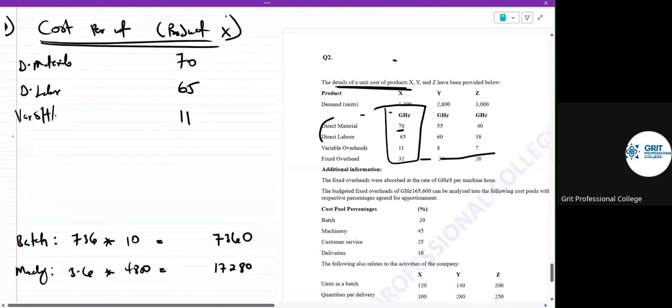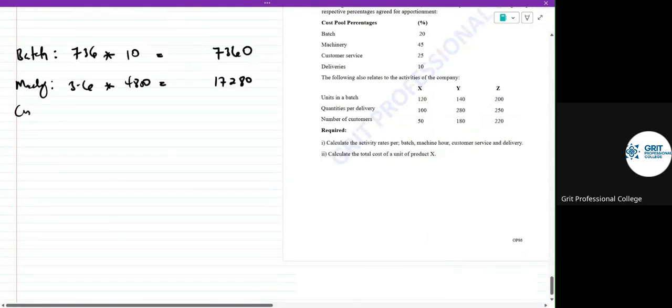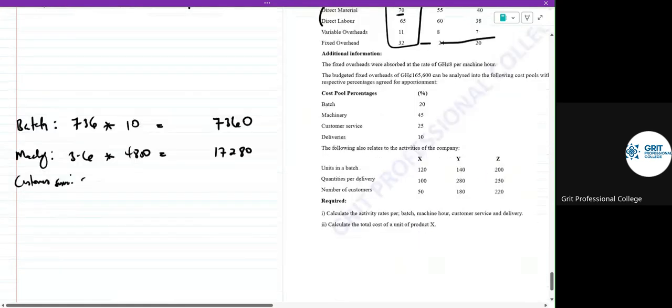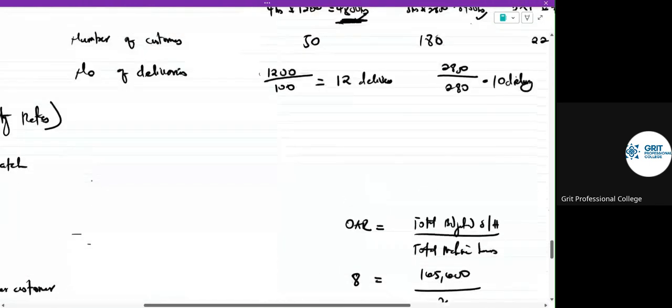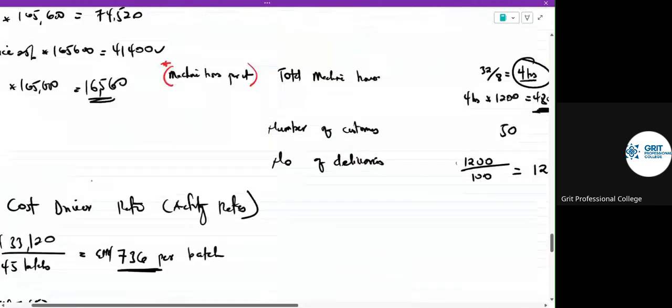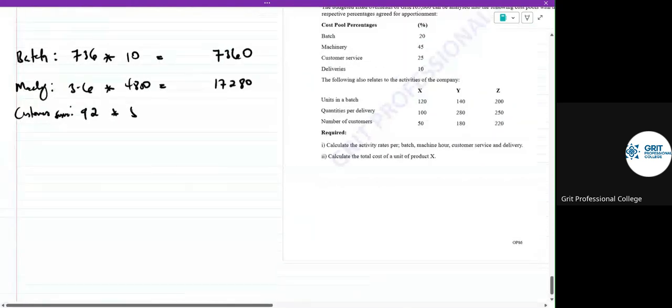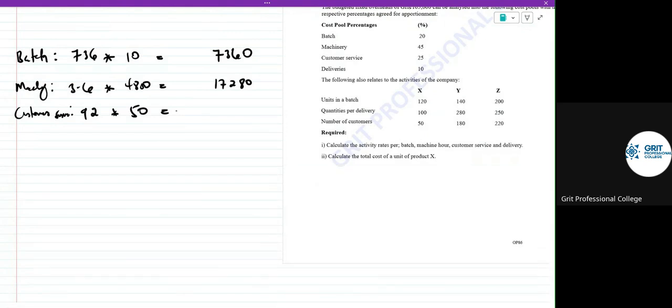17,280. Okay, then we go to the next one, customer service. Cost driver rate is 92 per customer. How many customers did we serve for product X? 50. Okay, 50 customers. So that will give us a cost of how much? 4,600.